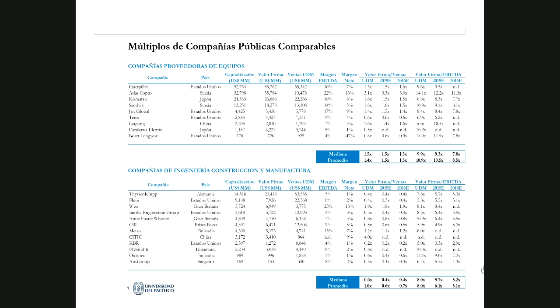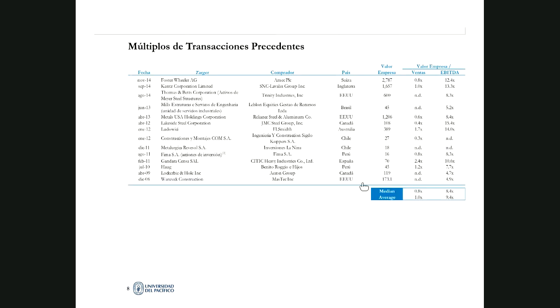Okay, so you would have then the outcome of your DCF, you would have what trading comps are doing, you would also have transaction comps if there have been transactions in the sector. So here you have, for example, in the same sector of equipment, the different transactions that have happened from 2008 to 2014.